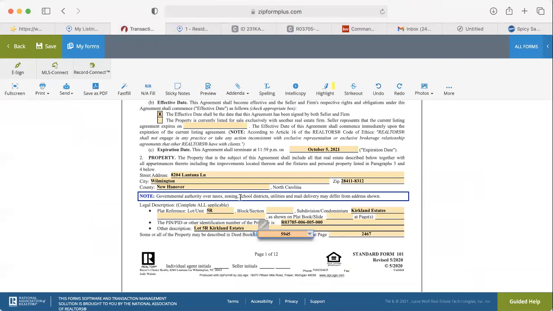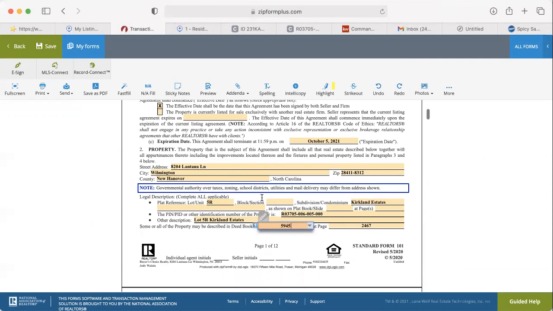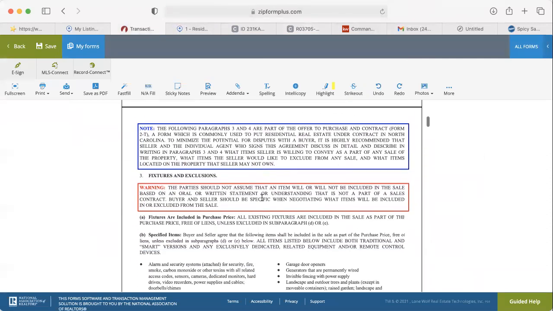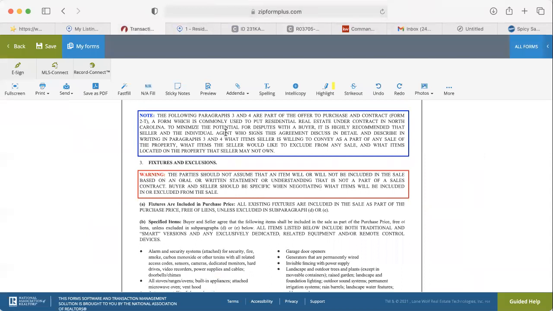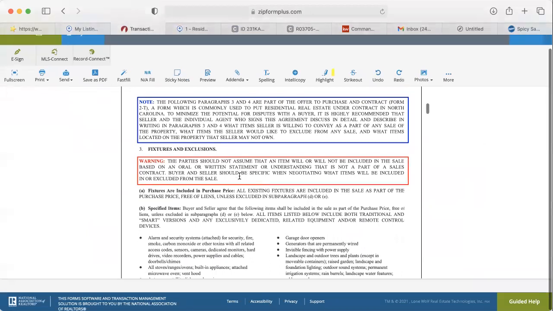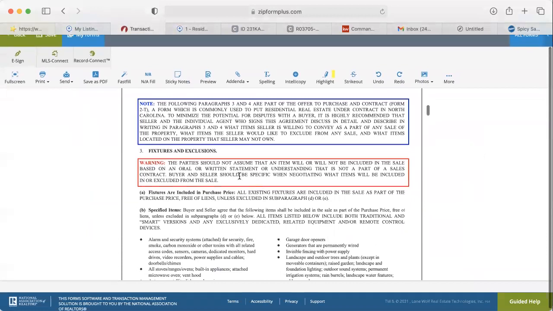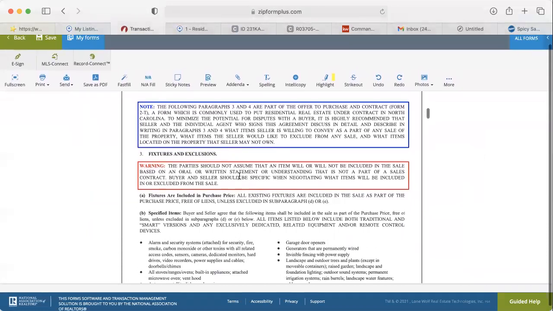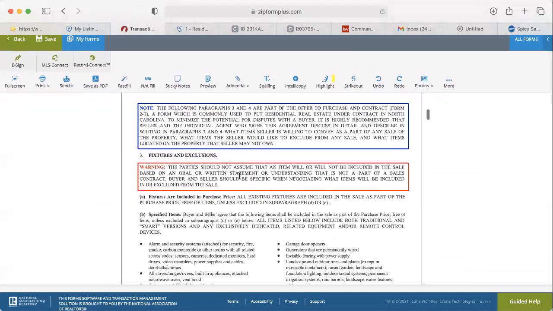and I have my legal description in here as well as my address. And now I'm going to scroll through. So this next section talks about fixtures and exclusions. So a fixture is an item in the house that is going to stay with the property.